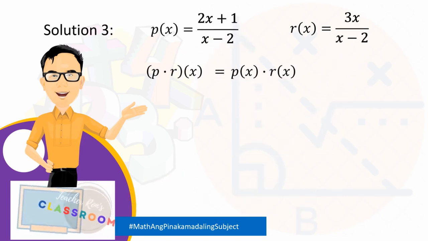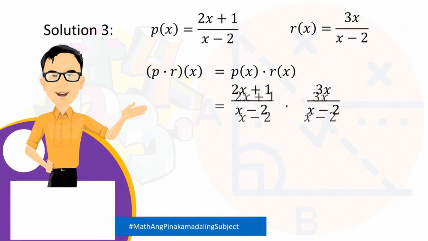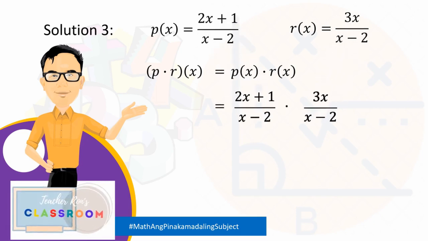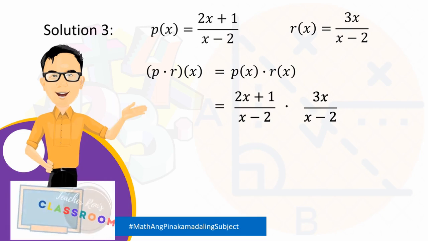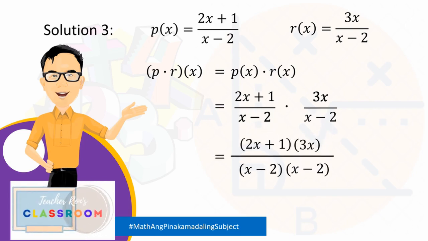Now let us solve for p times r of x. P times r of x equals p of x times r of x. Again, replace p of x with 2x plus 1 over x minus 2 and r of x with 3x over x minus 2. This time, we're going to multiply the numerators and the denominators.